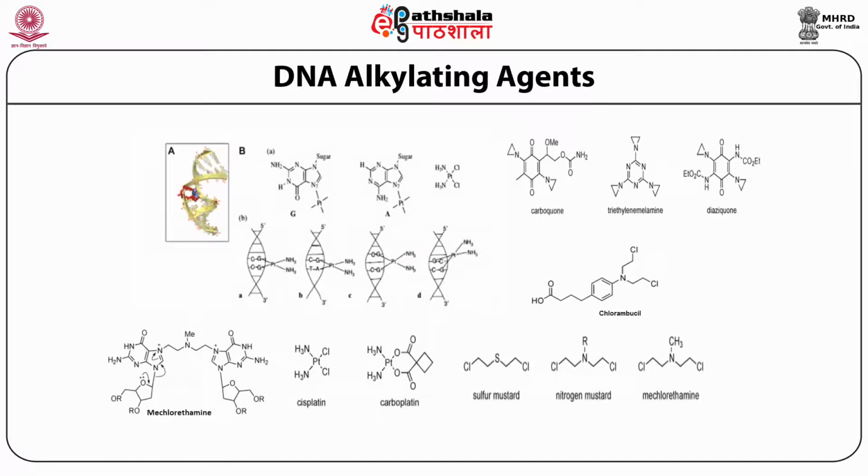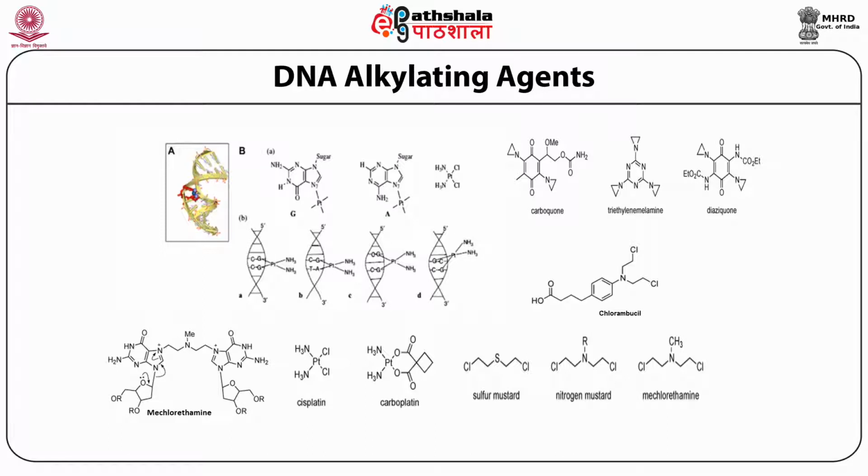The structure and the mode of some alkylating agents are shown here. For example, the orthoquinone, chlorambucil, mechlorethamine, cisplatin, carboplatin, sulfur mustard, and nitrogen mustard.